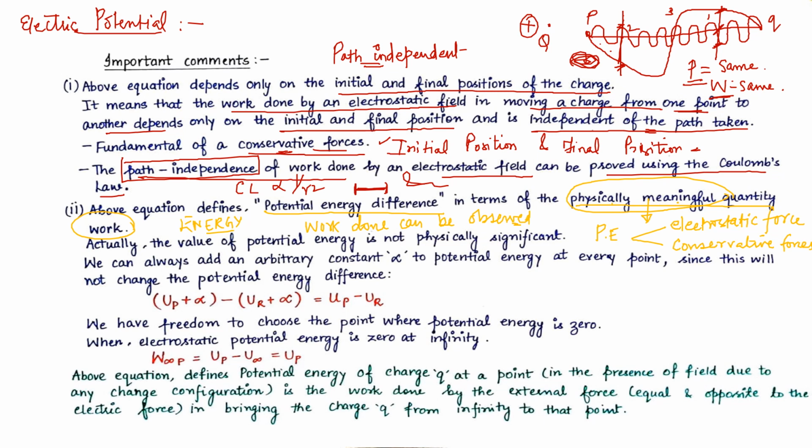We can always add an arbitrary constant alpha to the potential energy at every point, since this will not change the potential energy difference. If we are adding the arbitrary constant here and there, it will make no difference. Then why are we adding it?